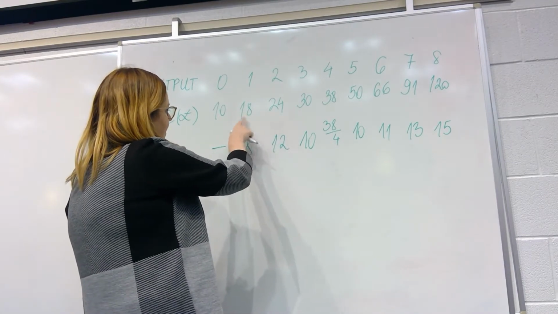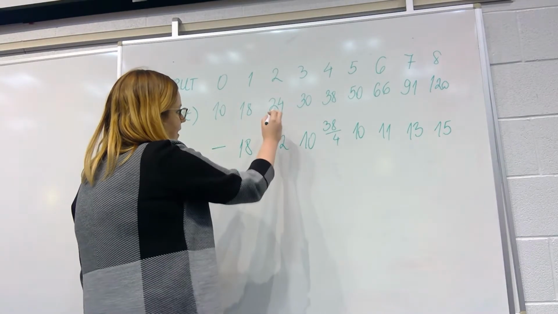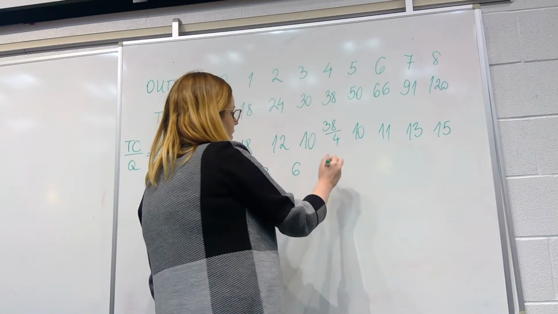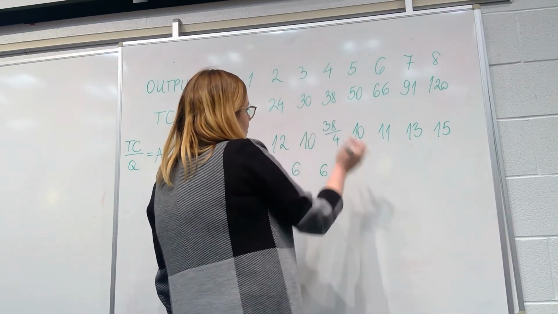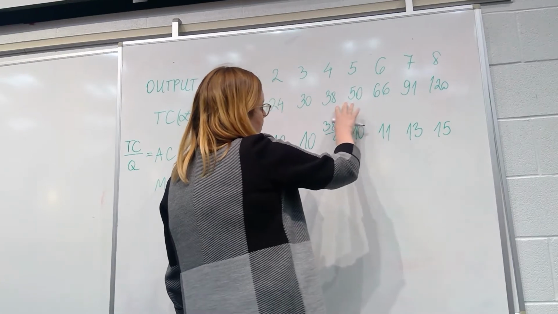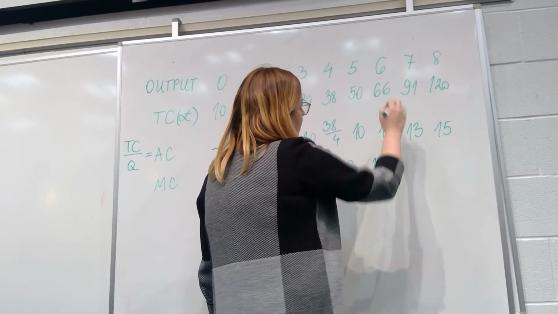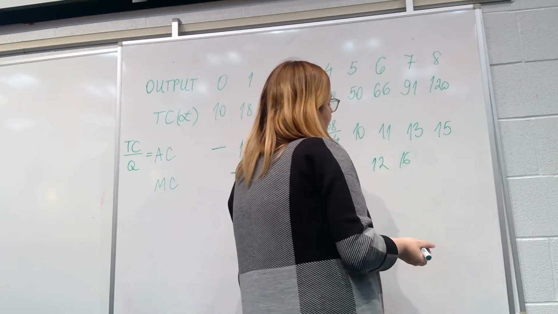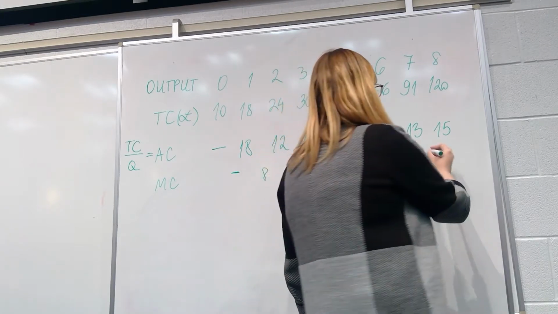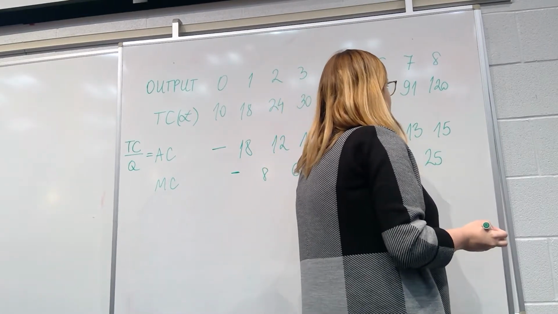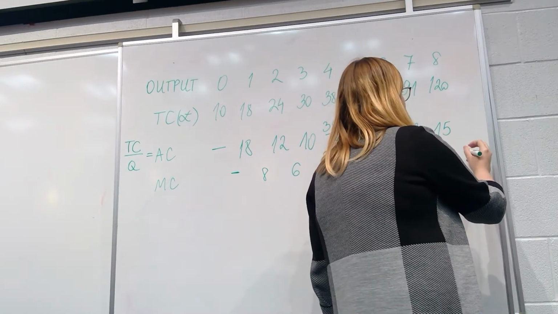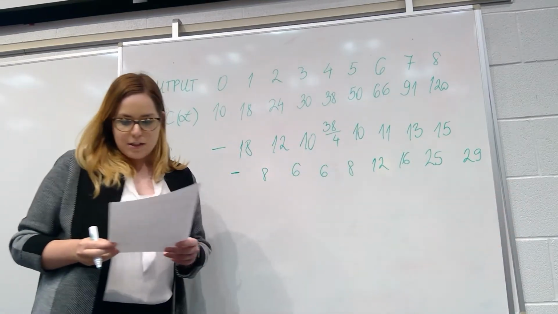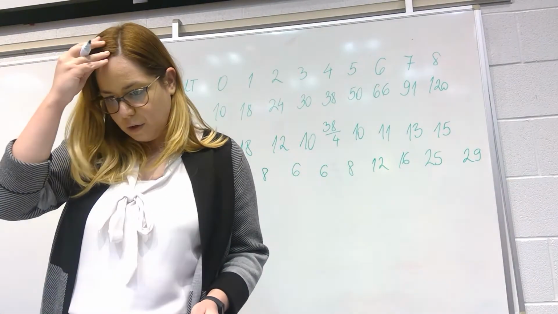And then we have 18 minus 10, which is 8, 24 minus 18, which is 6, 30 minus 24, which is again 6, 38 minus 30, which is 8, 50 minus 38, which is 12, 66 minus 50, which is 16, 91 minus 66, which is 25, and then 120 minus 91, which is 29. So that is tasks under A solved.